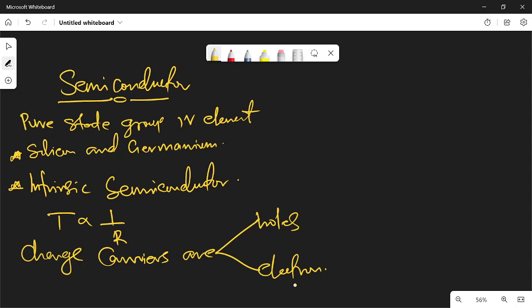When you have electrolytes, the charge carriers are ions. When you have a semiconductor, the charge carriers are holes and electrons. Do you understand that now? So holes are the positive charge carriers in a semiconductor, and electrons are the negative charge carriers. Do you understand that now in a semiconductor?